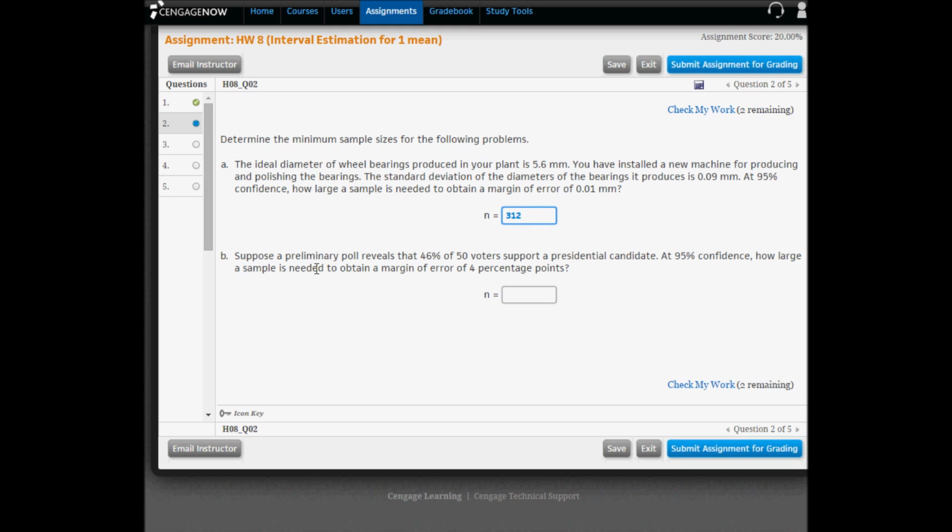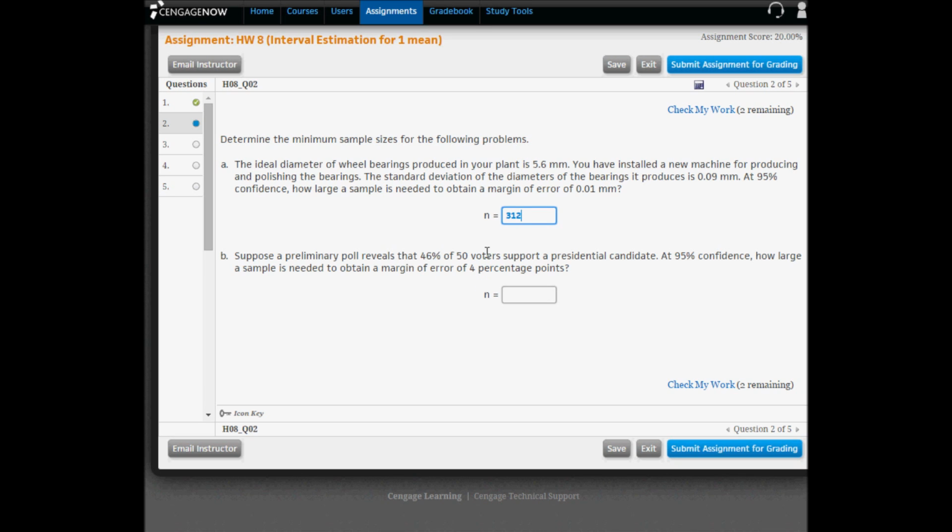Now in part B, we have a similar question, but now we're talking about a proportion. This preliminary poll reveals that 46%, or 0.46, of 50 voters support a presidential candidate. At 95% confidence, how large a sample is needed to obtain a margin of error of 4 percentage points?